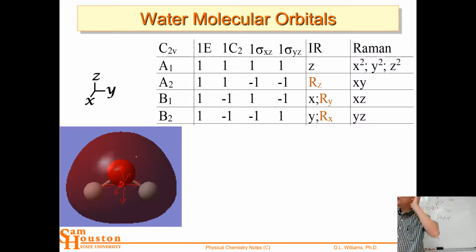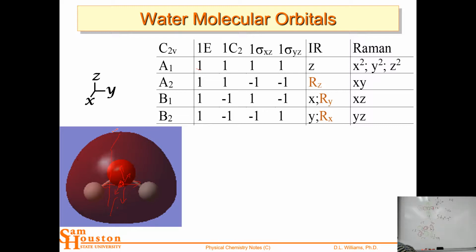If it's the same in all directions, you know it's going to be the top row, because that's the even one. Every one of these symmetry elements, when you operate on this orbital, is going to give you a +1, meaning there's no change in sign. If I rotated this with a C2, it'd be the same color. If I did a reflection in the XZ plane, which is right here, it'd be the same color.